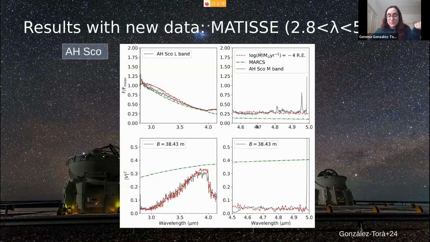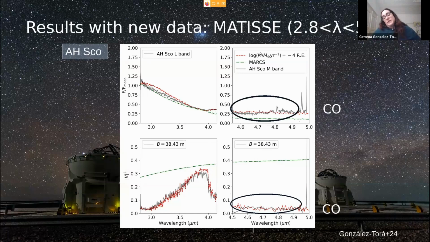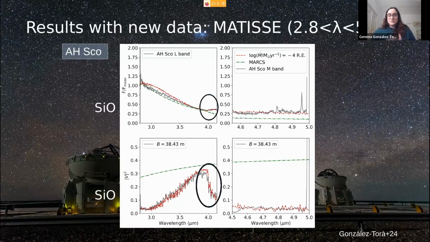Especially for the M band, again we have the carbon monoxide, which is way better reproduced by our model than with MARCS. In this case, the difference is even more striking, I would say. And for the SiO, we can also reproduce the extension, and you can even reproduce this emission that we have here.